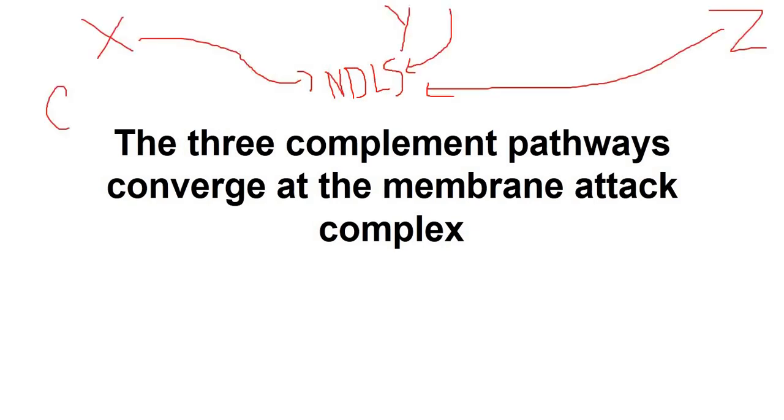Anyone? So, whether it is classical, whether it is alternative or whether it is lectin, all pathways will ultimately merge at membrane attack complex. This is what we are going to study in this segment in continuation to lectin pathway. Since lectin pathway is very short and sweet, I have included the membrane attack complex along with this segment.